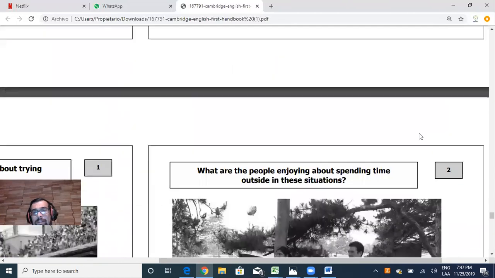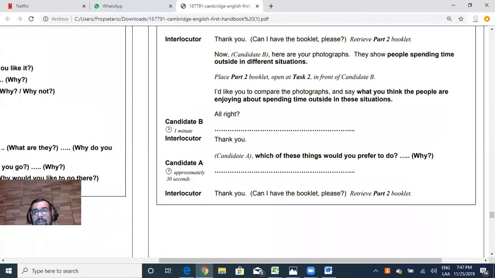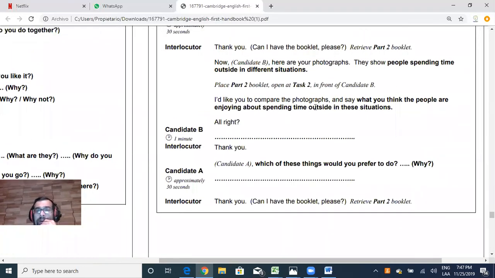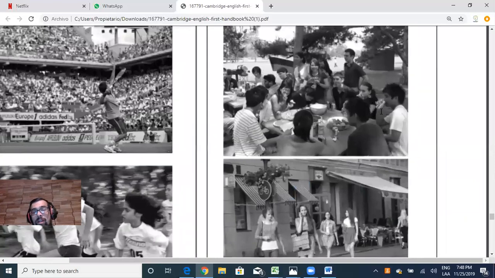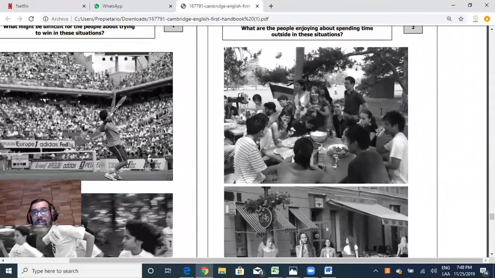So it says, I'd like you to compare the photographs and say what you think the people are enjoying about spending time outside in these situations. Okay, what are they enjoying? So that will be the question. So we can start.